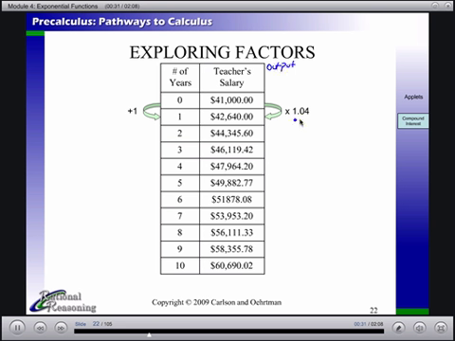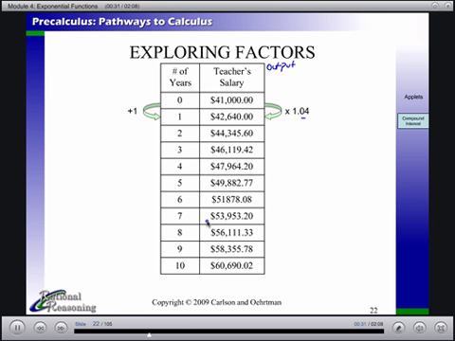And notice that our multiplier is on one output to get the next output. So how did they get year 8 salary from year 7 salary? Given year 7 salary, how do you get the salary in year 8? Multiply by 1.04. It's very convenient with these exponential functions because within a particular type of growth, that growth factor doesn't change.